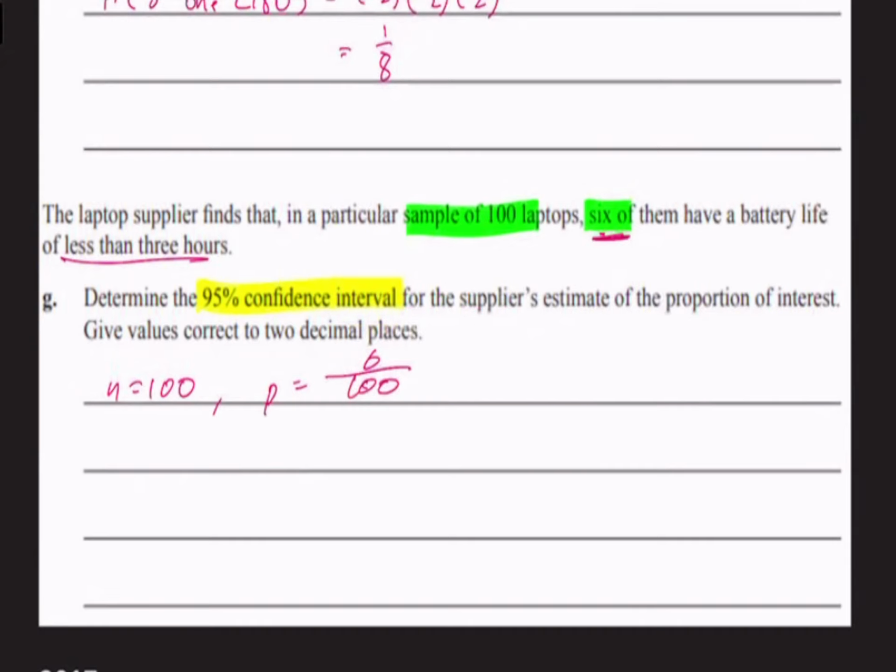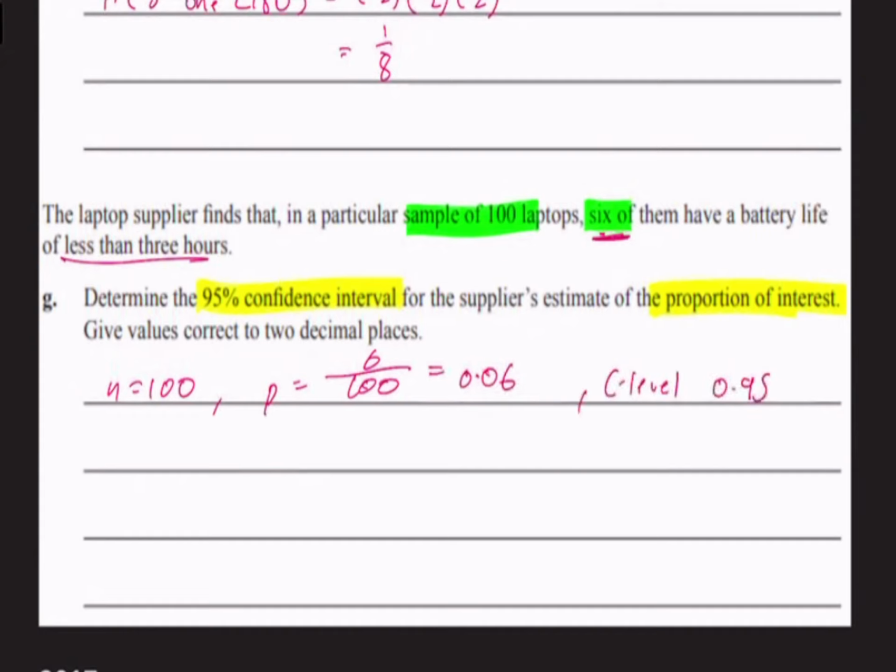So this is also sampling proportion. Proportion is how many affected individuals or objects there are in the total population. So the proportion is 0.06, and your confidence level is 0.95.